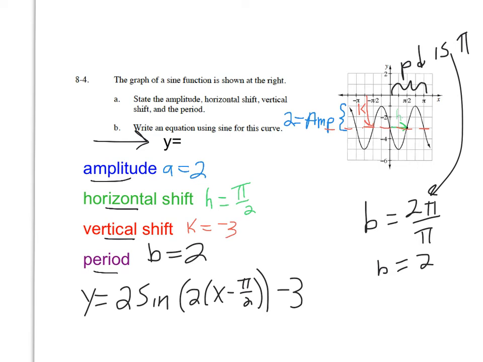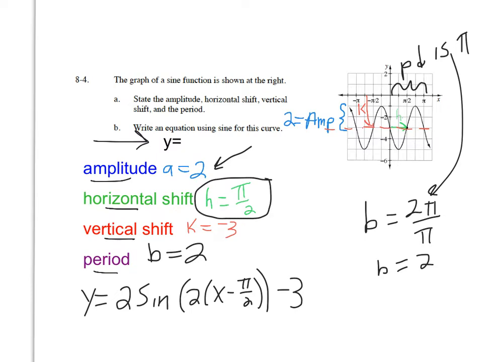Okay, welcome back. The amplitude is in blue. If you draw a new midline in red, you'll see that the amplitude happens to be 2 units. Horizontal shift, that's that little green arrow. Remember, the sine function crosses the y-axis on an upslope, and so that's being shifted over pi over 2 units.